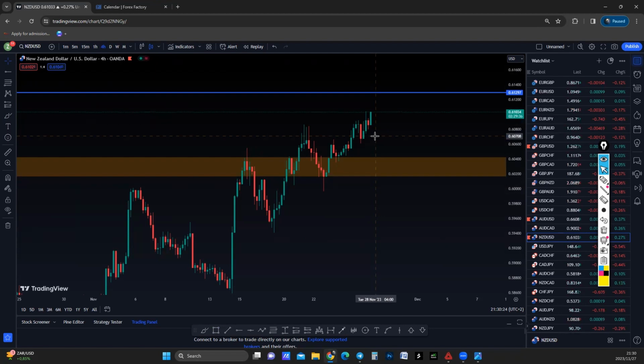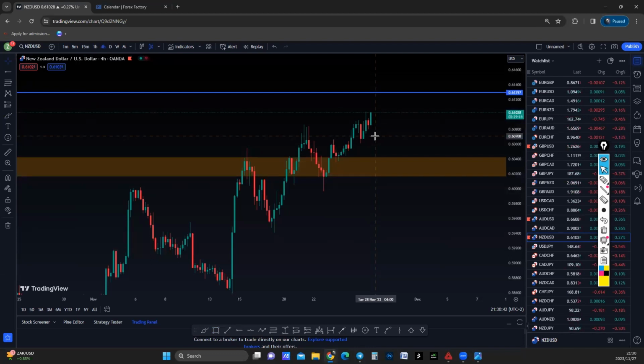That is another reason why I mostly take profit when the market is approaching the New York session. There's a lot of volatility, a lot of news, and a lot of reversals.